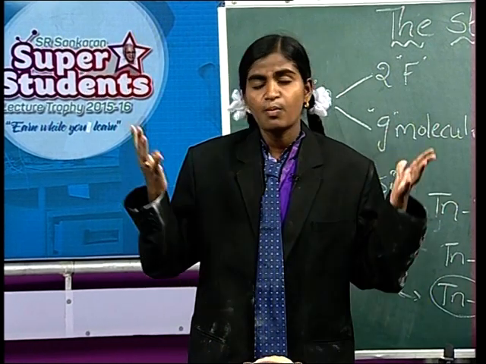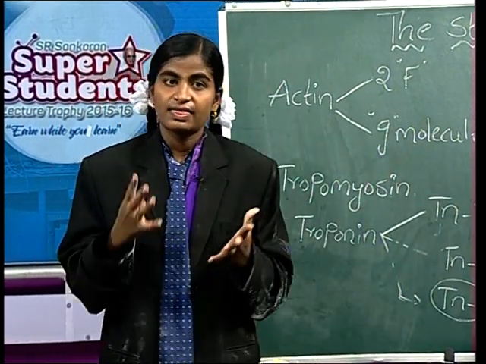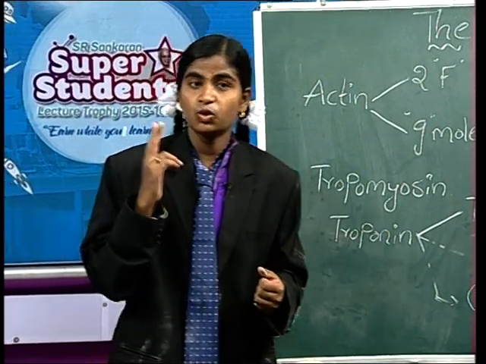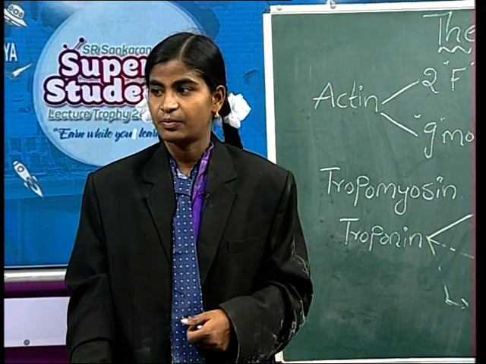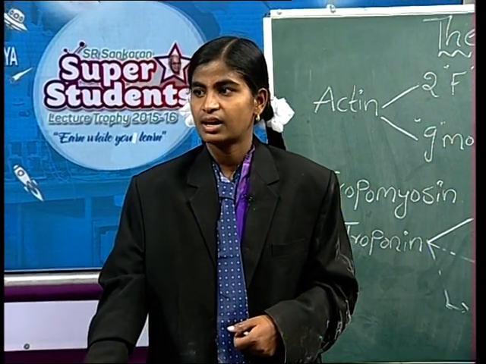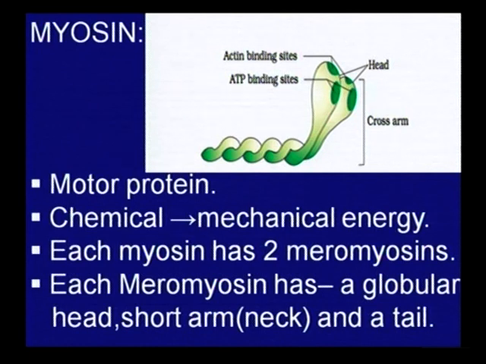Myosins contain many meromyosins. Those meromyosins have 2 parts, a globular head and a tail. So, friends, this is the globular head. It contains an actin binding site along with an ATP binding site. The globular head forms the light meromyosins, and the tail constitutes the heavy meromyosins. Each myosin has 2 meromyosins.